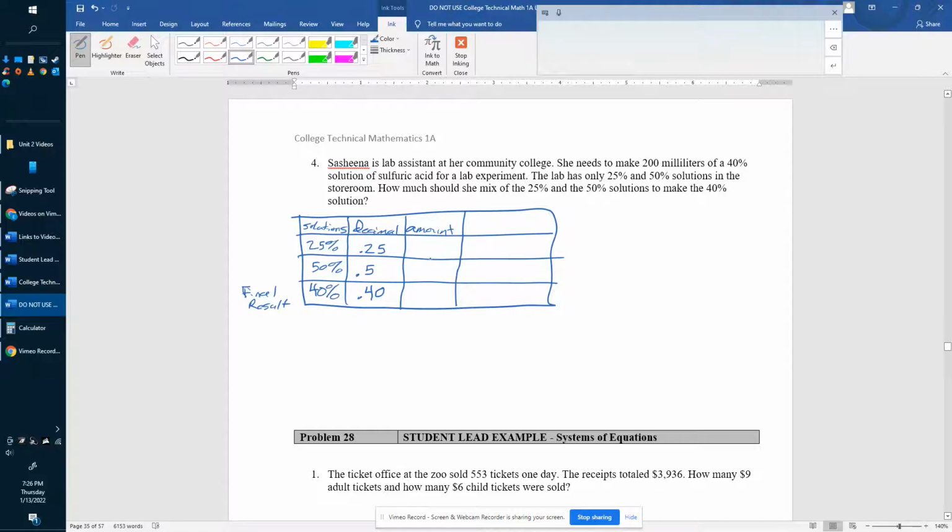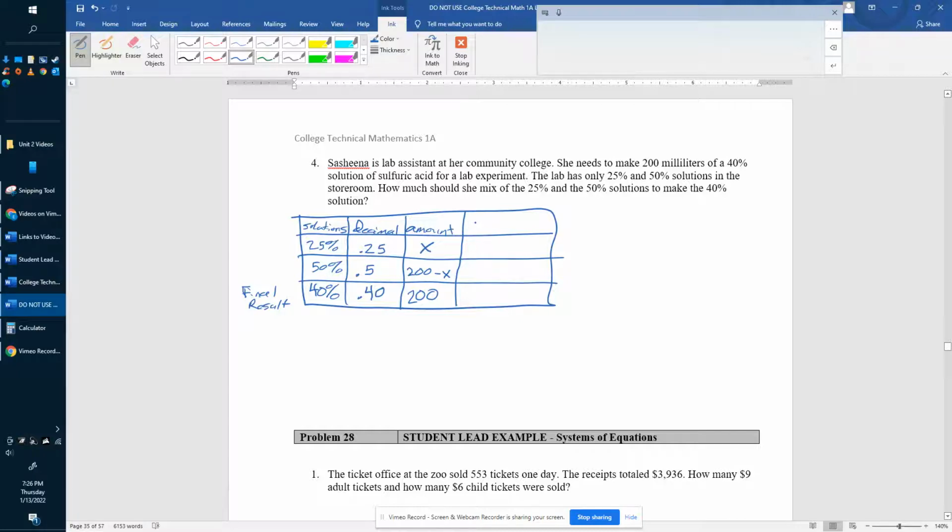We don't know how much. We know she needs 200 milliliters total. Let's call one of these X. I'm just going to call the first one X because it's the first one. Now, when we add these two together, we're going to get 200. So this is going to be 200 minus the 25% solution we're putting in.